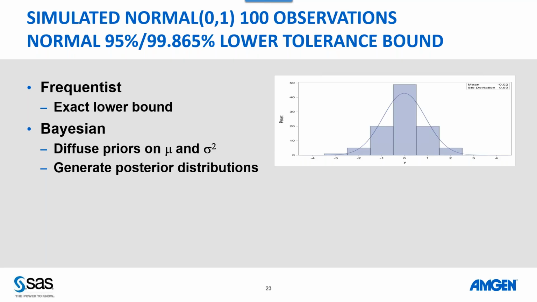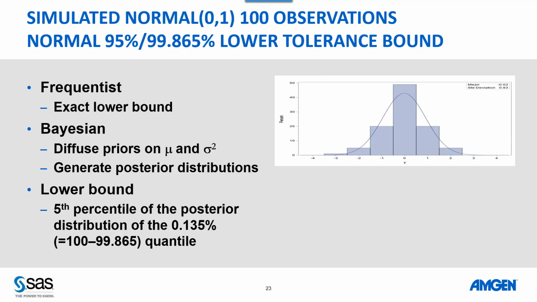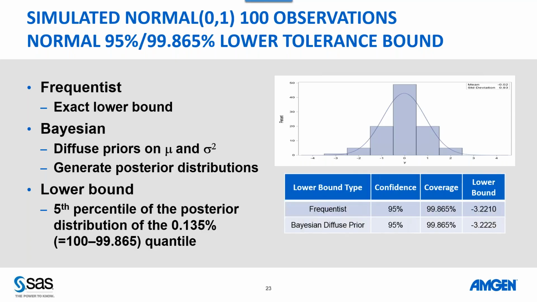As we mentioned, in the Bayesian approach we're going to generate posterior distributions. Once we have the posterior distribution of the quantile, if we want the lower bound, we're going to grab the 5th percentile of the posterior distribution of the 0.135% quantile, that's 100 minus 99.865. Again, we want that because we want the lower end. Let me show you what happens before we get into the code.